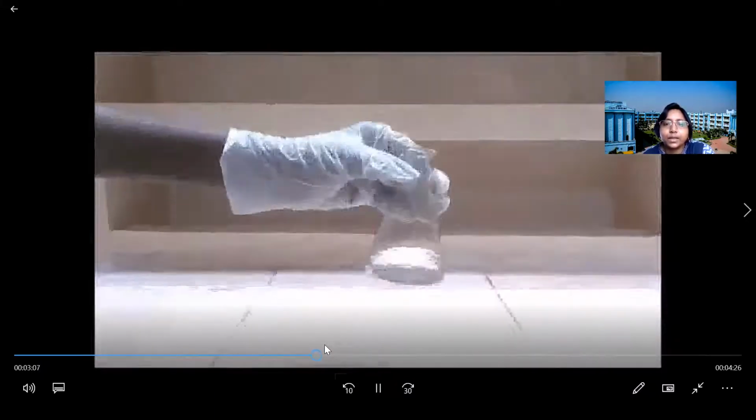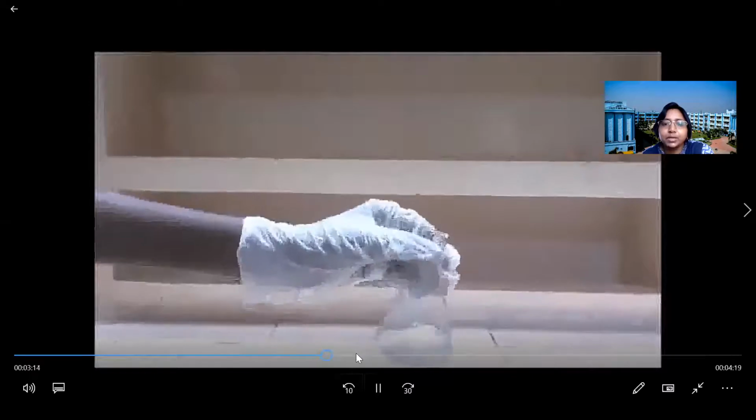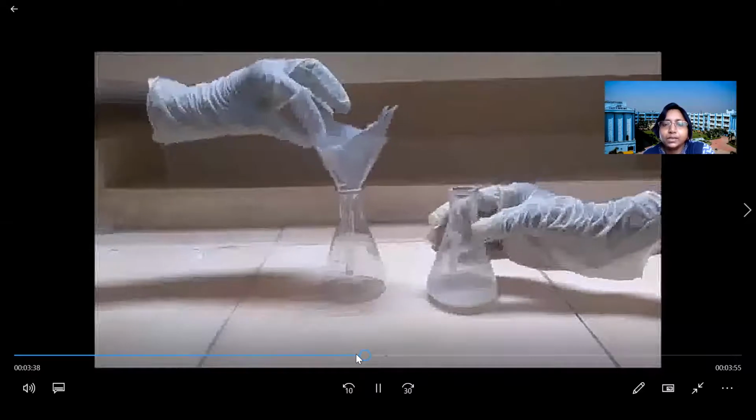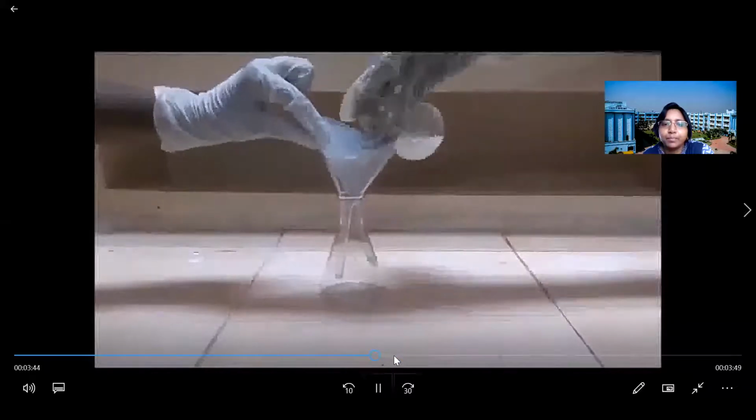Then we take it in a clean measuring cylinder, the conical flask, and shake it well. After this, we take another conical flask and by the funnel, we separate the mixture and we use the Whatman filter paper.